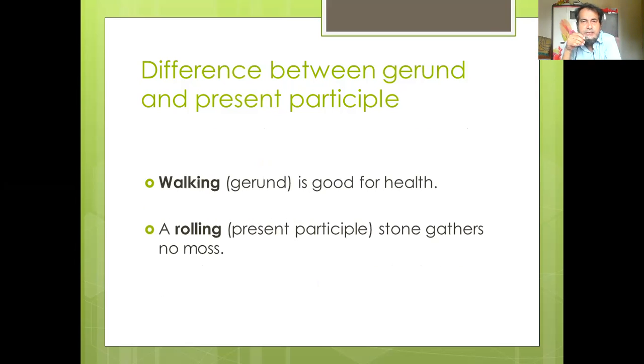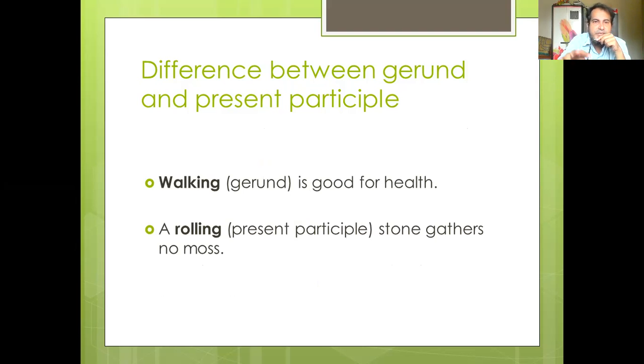In examples, this is made clear for you. Walking is good for health. Here, walking is obviously a gerund. And in the next example, you see, a rolling stone gathers no moss. Rolling means which rolls. That's why here rolling functions as an adjective and it is a present participle.